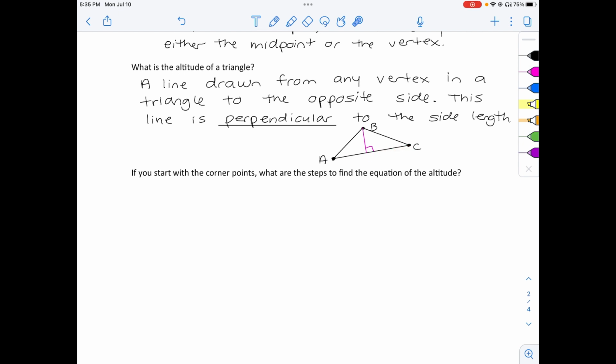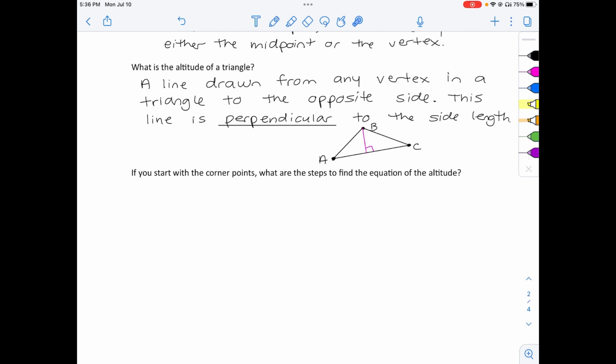Okay, so sometimes, rarely, it goes through the midpoint of AC. That would just be in the case of certain types of triangles. However, it's always going to be perpendicular, okay, so not through the midpoint, but it makes a 90-degree angle there.